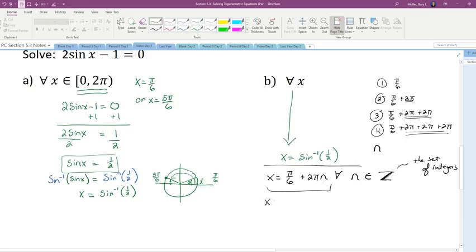The other answer was we could also go to 5 pi over 6, and then we could wrap that one also around the circle a bunch of times. How many times? Any number of times that represents an integer. So these two answers together would answer the question.